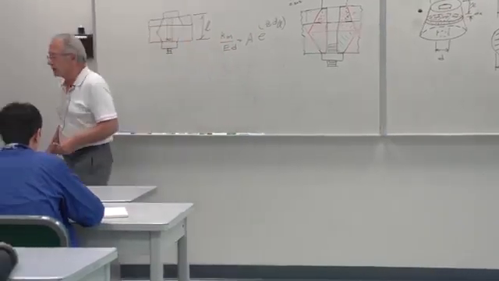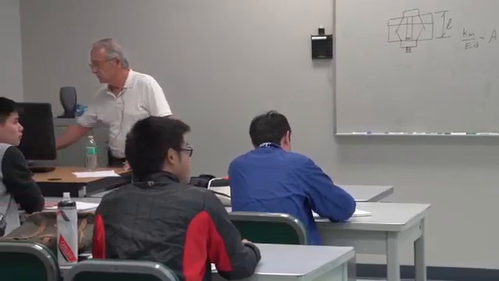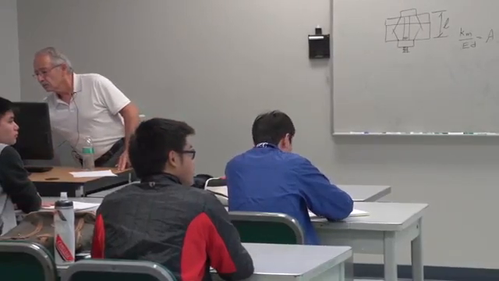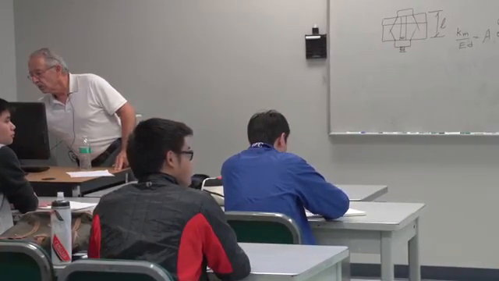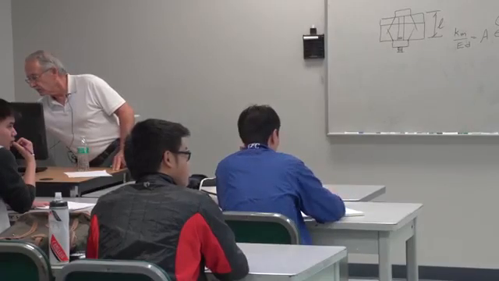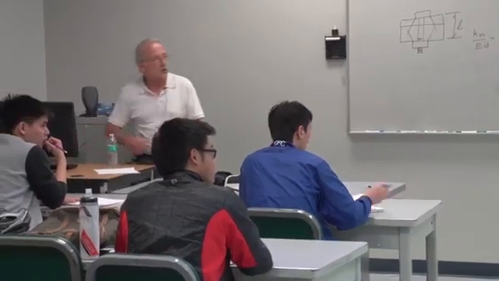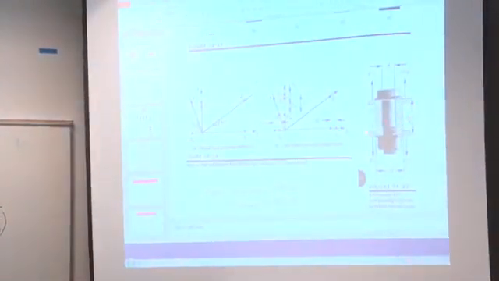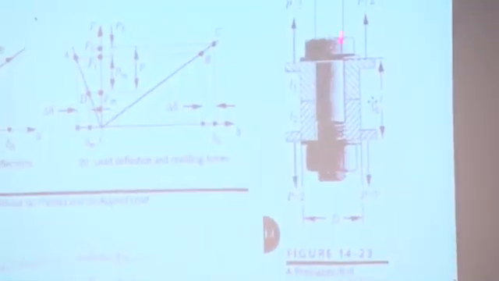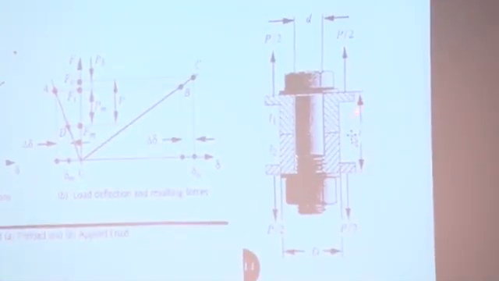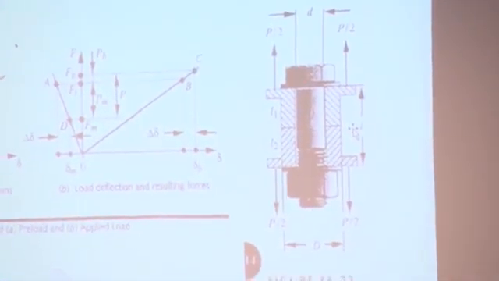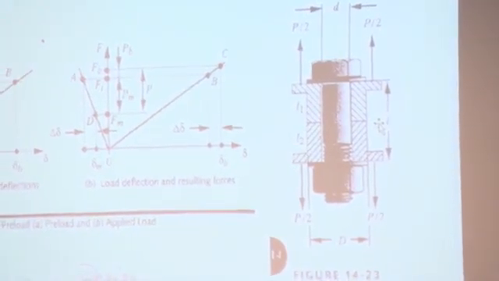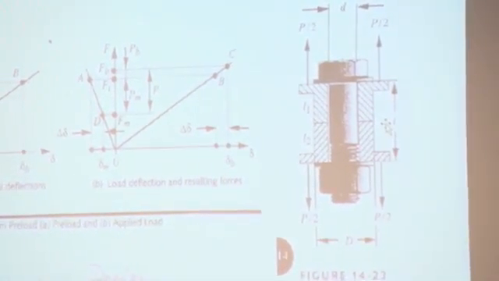What I mean by externally applied load is this. There's one member, there's the other member, cross-hatched, the bolt. You've tightened the bolt. Now you apply these loads trying to separate these two from one another, called the externally applied load.